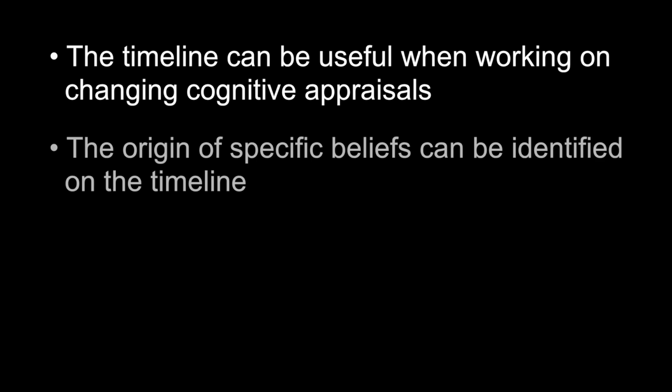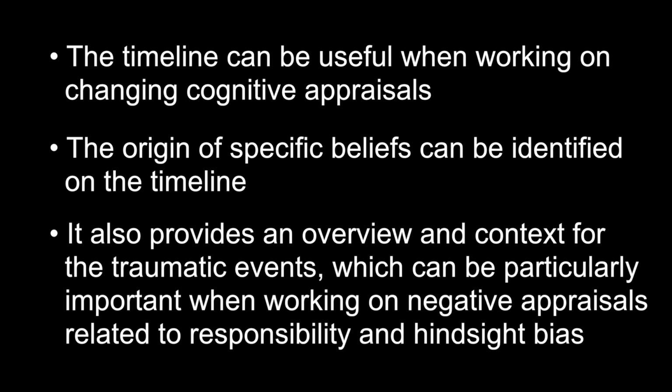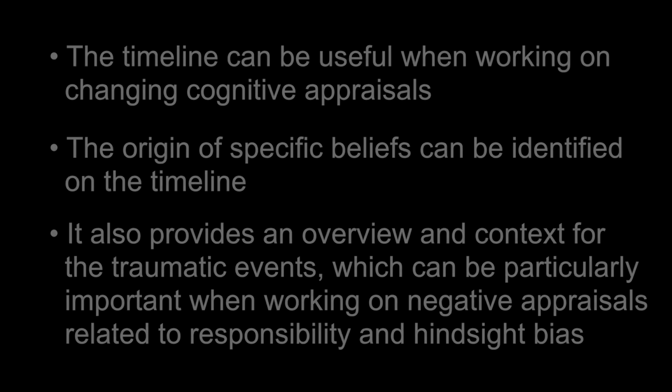The timeline can be useful when working on changing cognitive appraisals. The origin of specific beliefs can be identified on the timeline. It also provides an overview and context for the traumatic events, which can be particularly important when working on negative appraisals related to responsibility and hindsight bias.